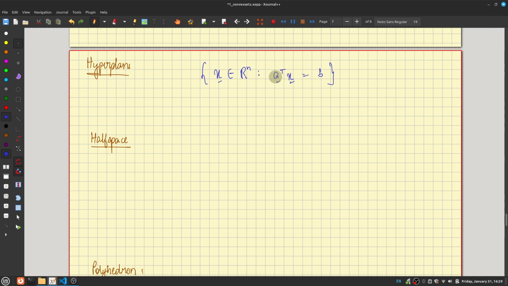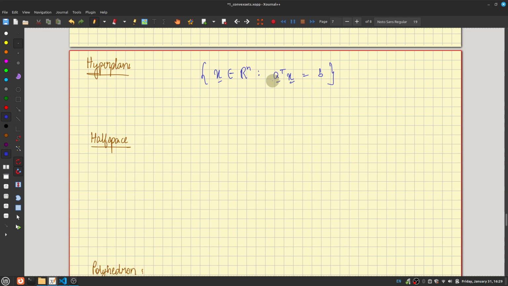Firstly, this is an affine set. We're convinced by that. And this is the right null space of, or you take B equal to 0, just to be concrete. If you take B equal to 0, then this is the right null space of a matrix of what rank? 1, assuming of course that A is non-zero.